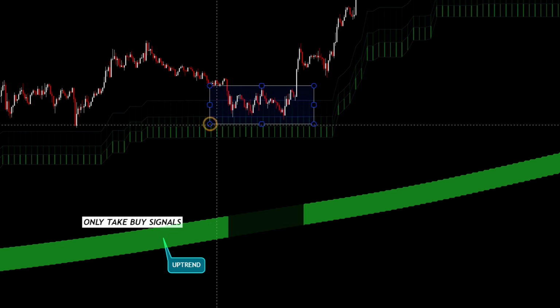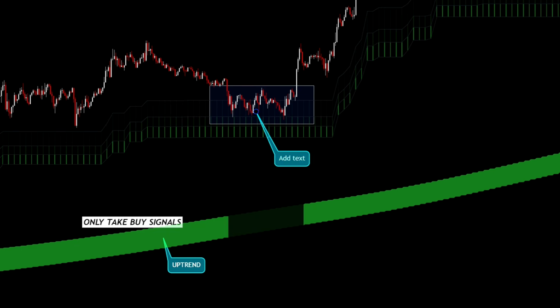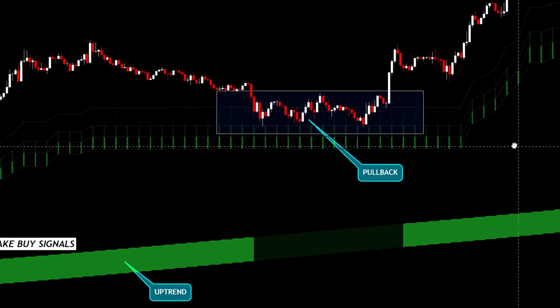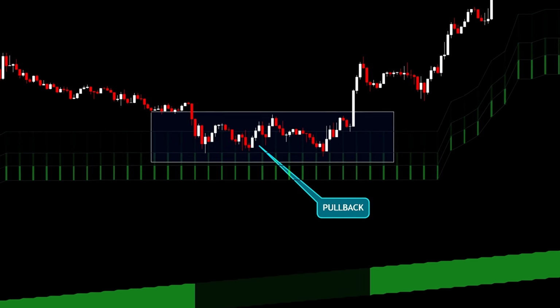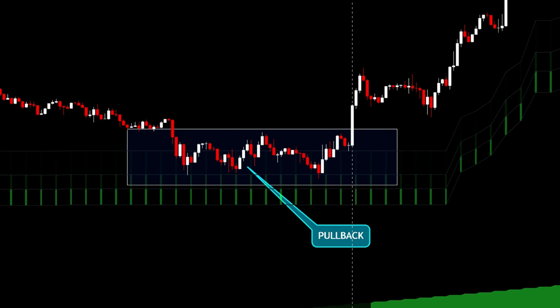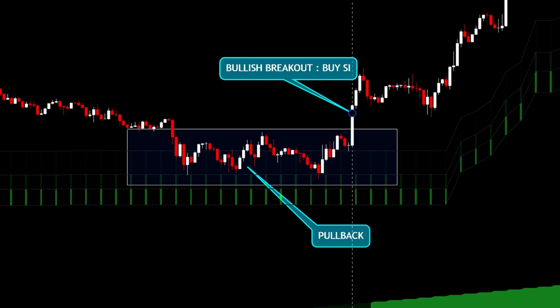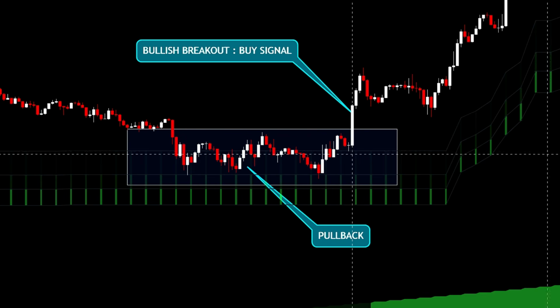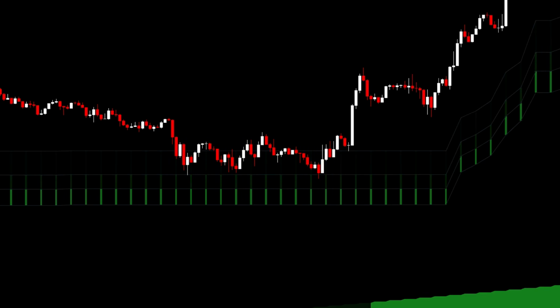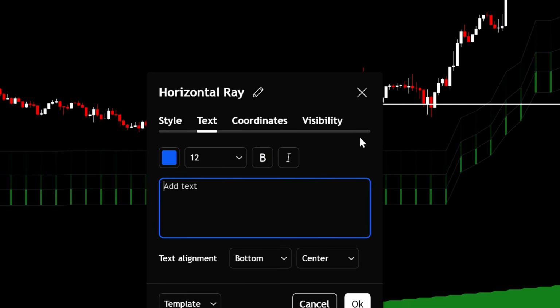Wait for a pullback, and then a bullish candle closes above the band. Entry, next candle open.